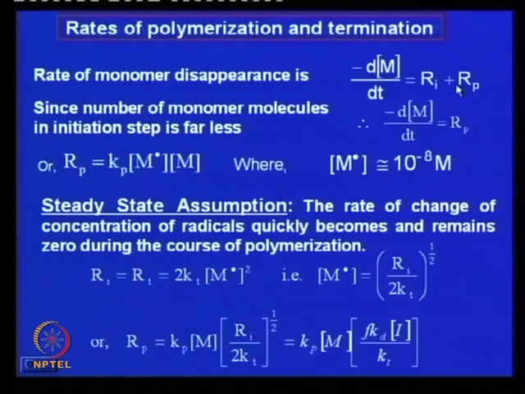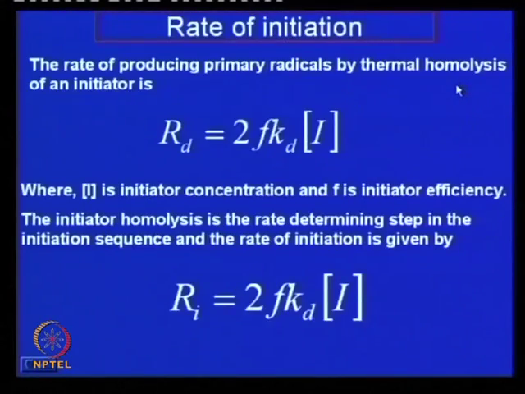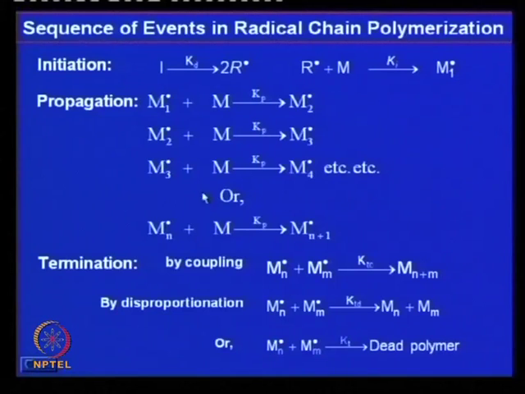You have seen the propagation steps. Let me go back to this. Here you see this is the initiator decomposition step, this is the initiation step, and these are the propagation steps. All these propagation steps proceed at the same rate. So, in every case you see only one rate constant is included here, Kp.